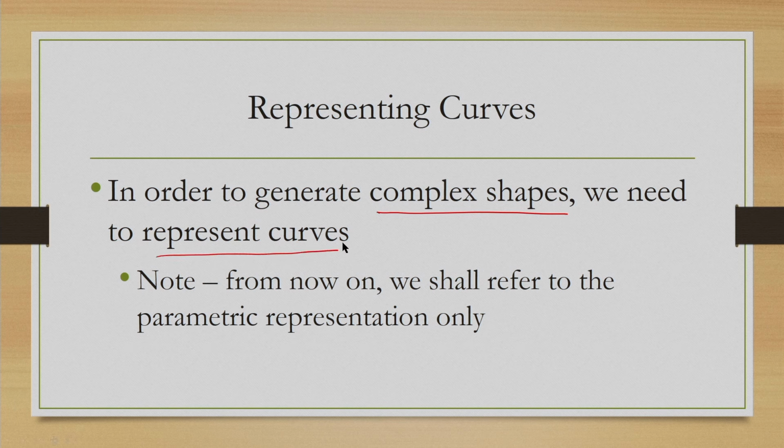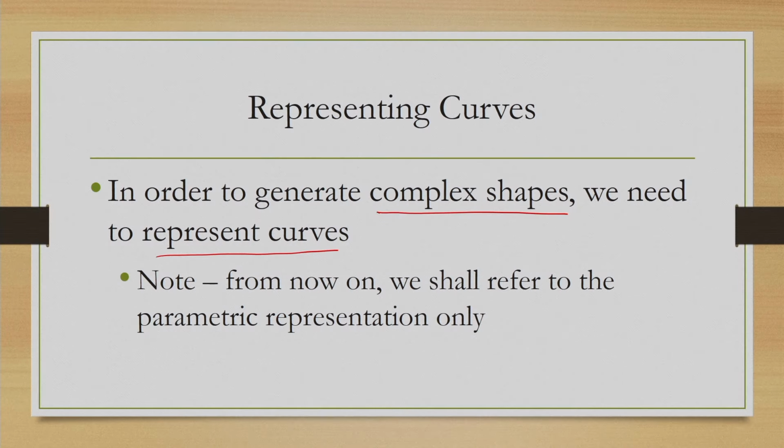Only with lines or points it may not be possible to represent complex shapes and we have to take curves into account. To simplify our discussion, we will focus here only on parametric representation of curves, although earlier we have introduced both the types, namely parametric representation and implicit representation.